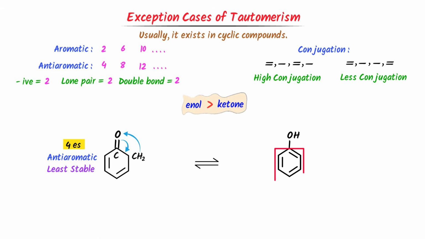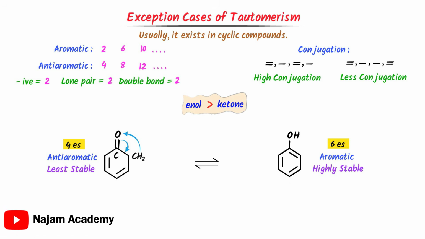While this compound has 3 double bonds, I write 2 plus 2 plus 2 is equal to 6 electrons. We know that if there are 6 electrons, it is an aromatic compound. Thus this compound is aromatic and it is highly stable.